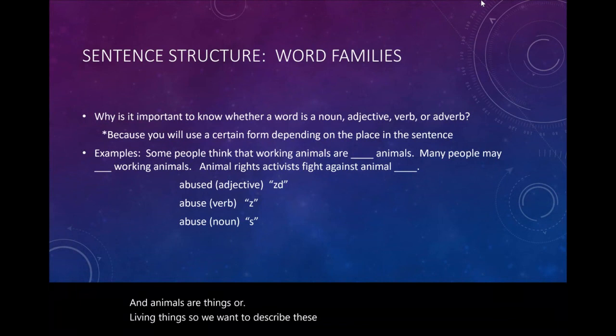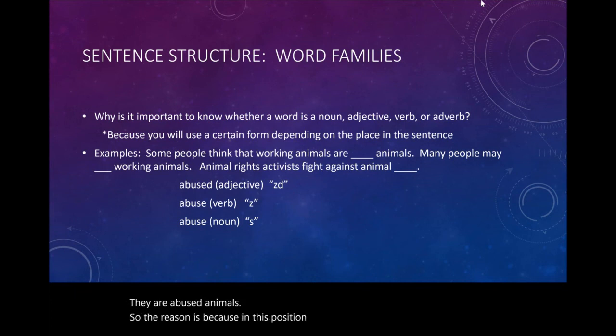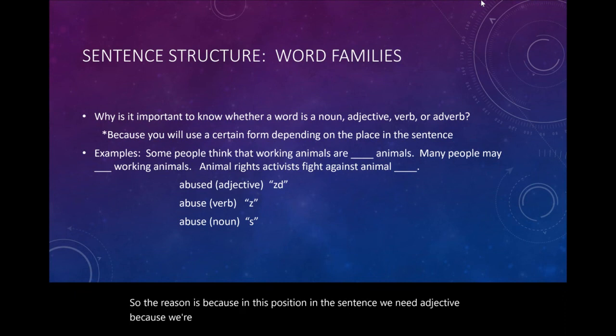We want to use the adjective. So Lucia, you are correct. We want to use abused. They are abused animals. Okay, teacher. So the reason is because in this position in the sentence, we need an adjective because we're describing animals.